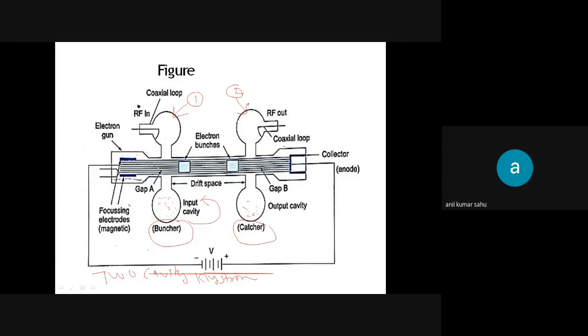This side is connected to the negative polarity of the device, and this side to the positive polarity.